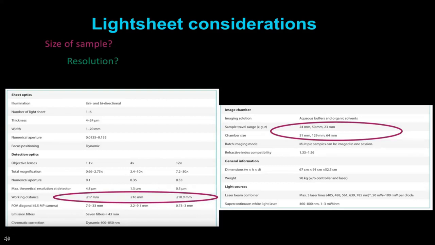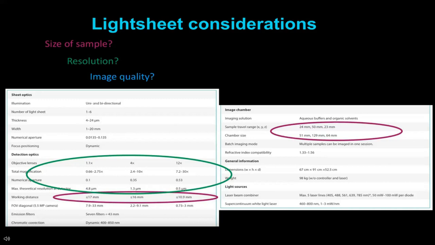Then your resolution. Can you get the resolution that you want? For this, you want to, of course, look at the lens magnification, or the total magnification, including zoom, and your numerical aperture, which gives you this maximum resolution.